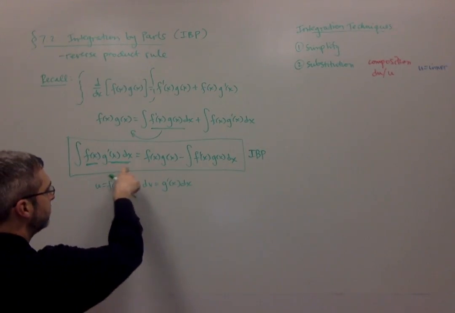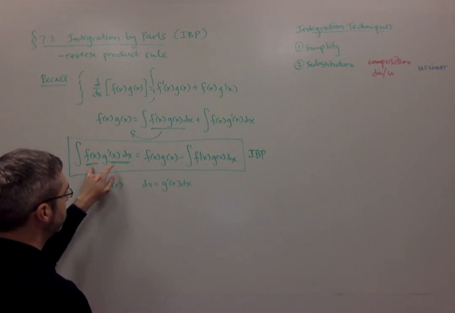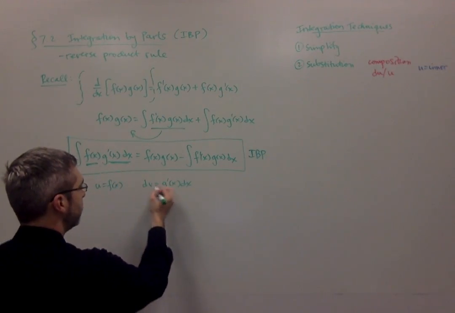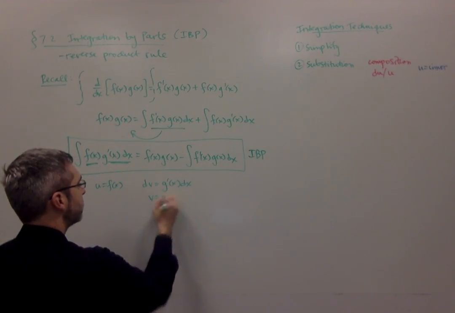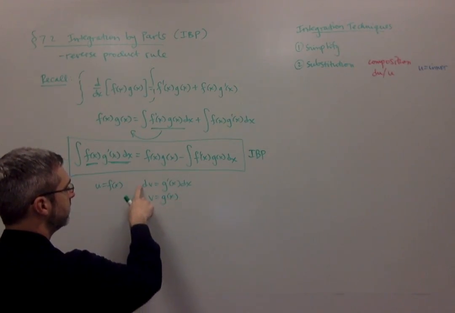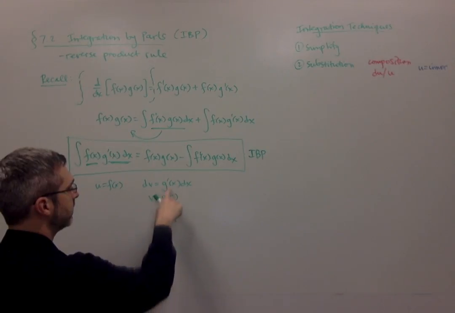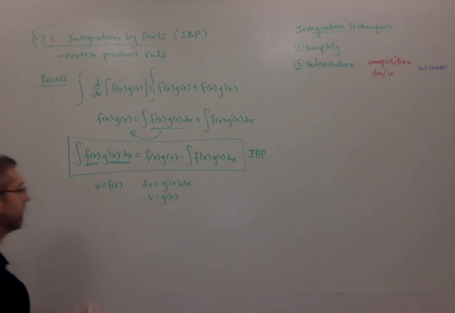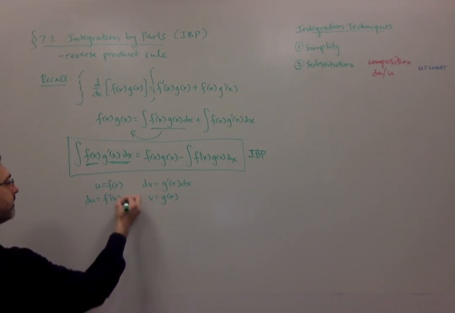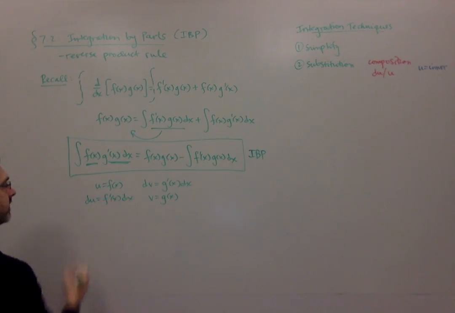Okay, and if that is dv, so we're just basically naming something u and something v. So if this part is dv, then v is going to be the function g. Notice if I take the differential, I get dv equals the derivative of g times dx. And du here is going to be f prime times dx.